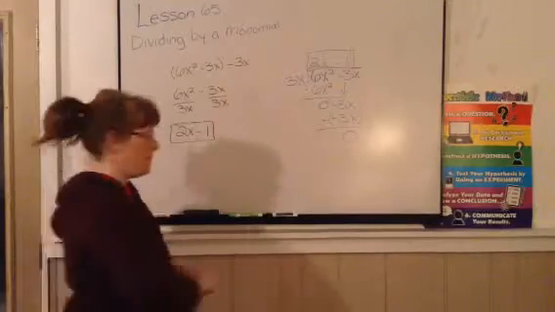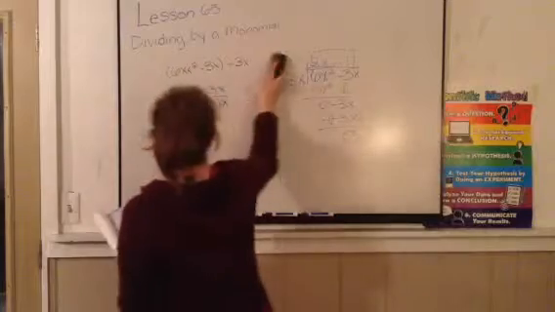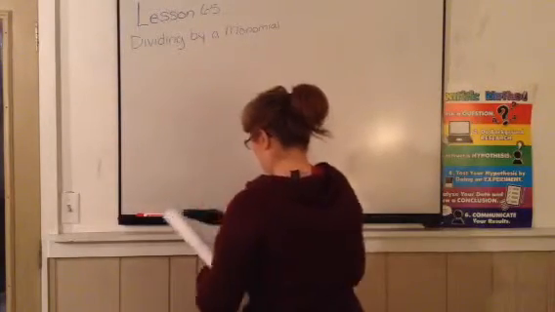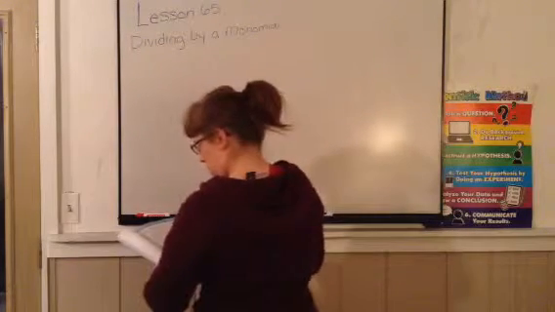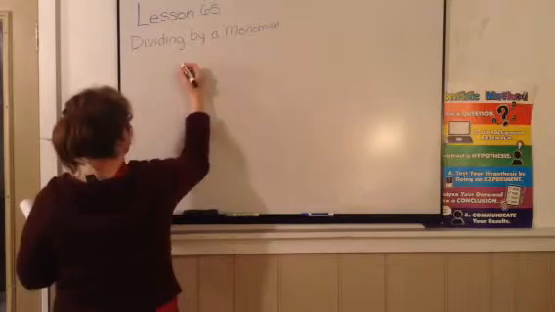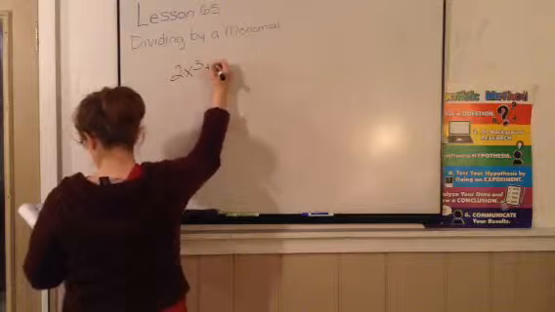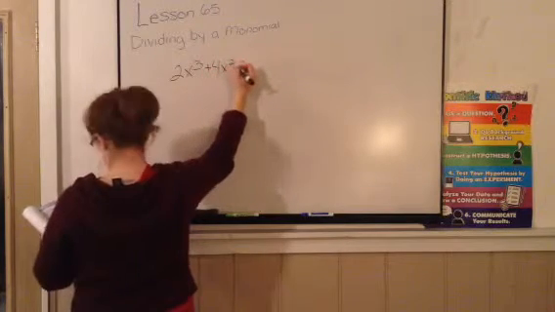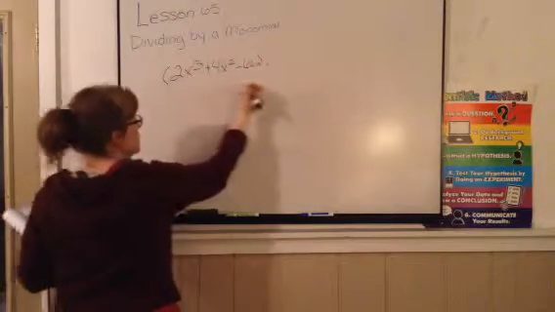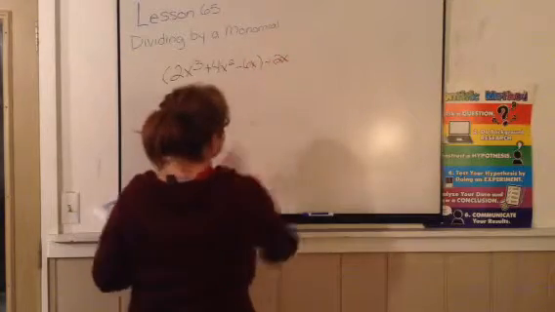Let's try another one. We have 2x cubed plus 4x squared minus 6x, all of this divided by 2x.